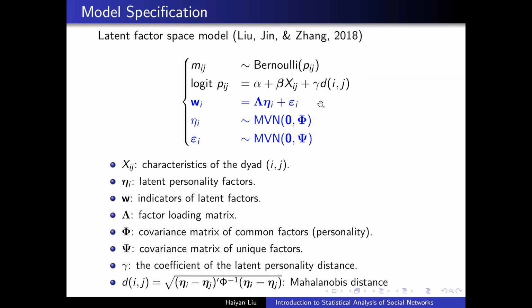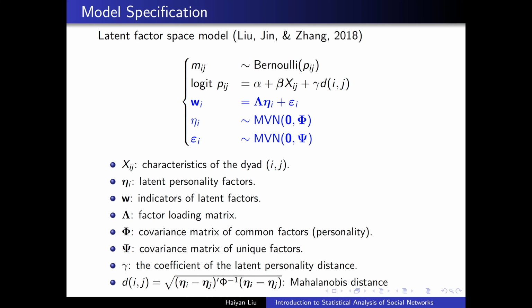Here we can freely let the data speak to the direction of gamma. Gamma could be positive or negative. D_ij is the Mahalanobis distance, measuring the difference between those two personality vectors. Because the two personality vectors are allowed to covary with each other, we compute the Mahalanobis distance to account for the potential covariation between them.